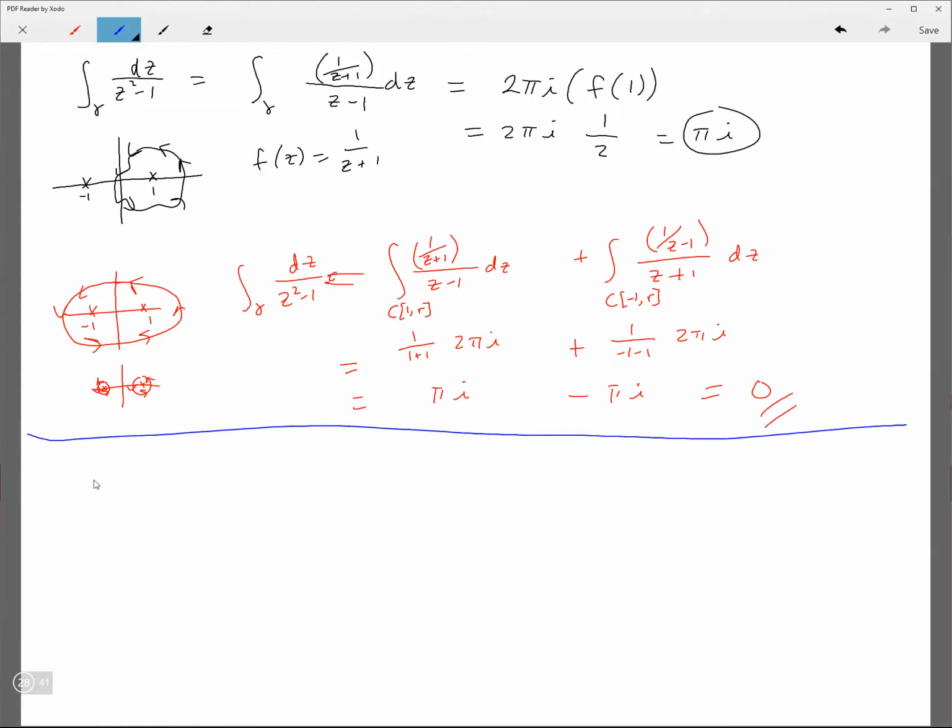Let's suppose that we're integrating, in the numerator, the exponential function times the sine function, and in the denominator, z times z minus 2.